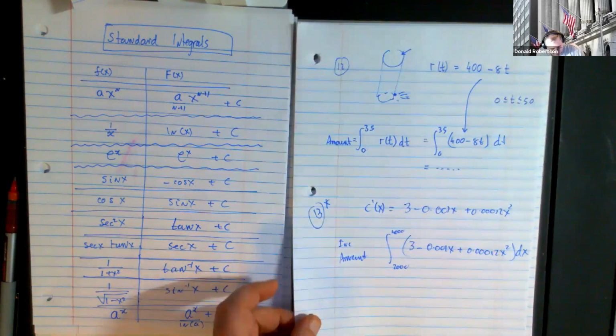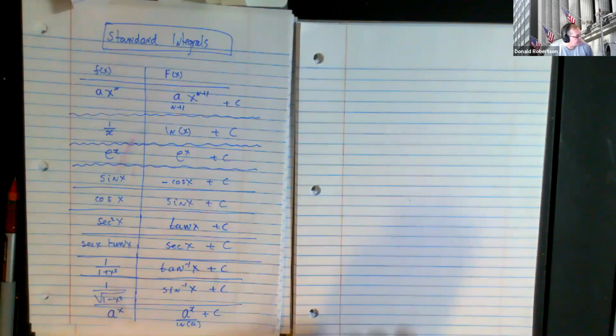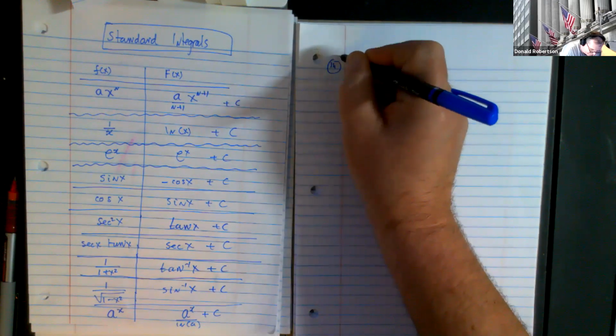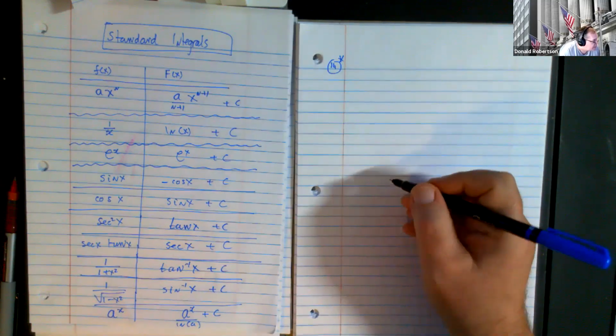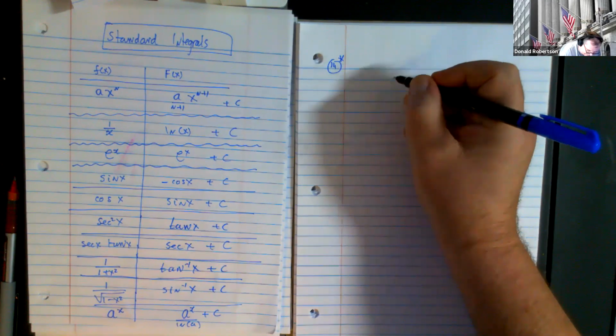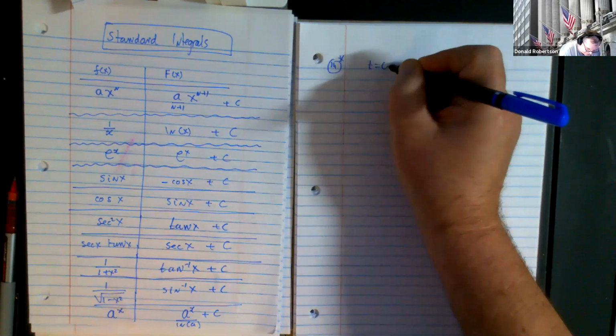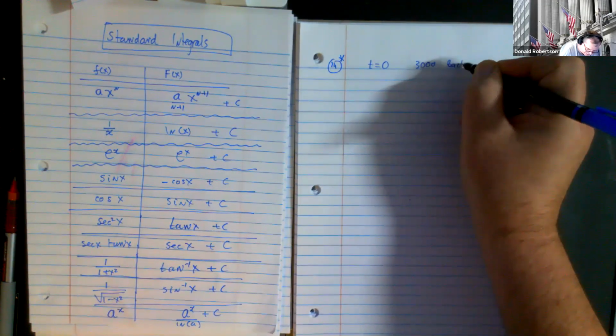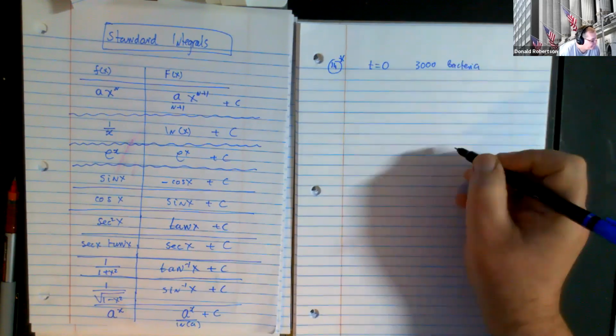And then they have one last question, and that means we can start our new section after this. At the beginning, there are 3,000 bacteria in this story.